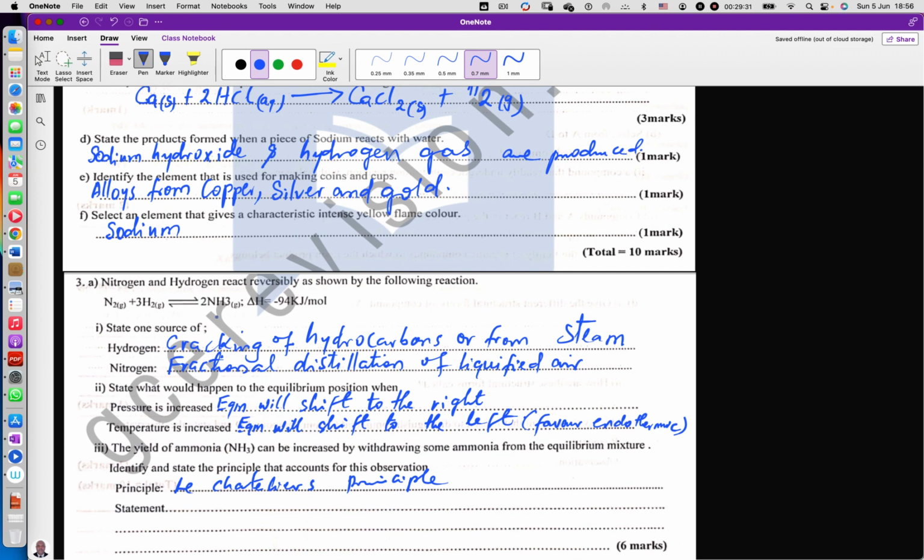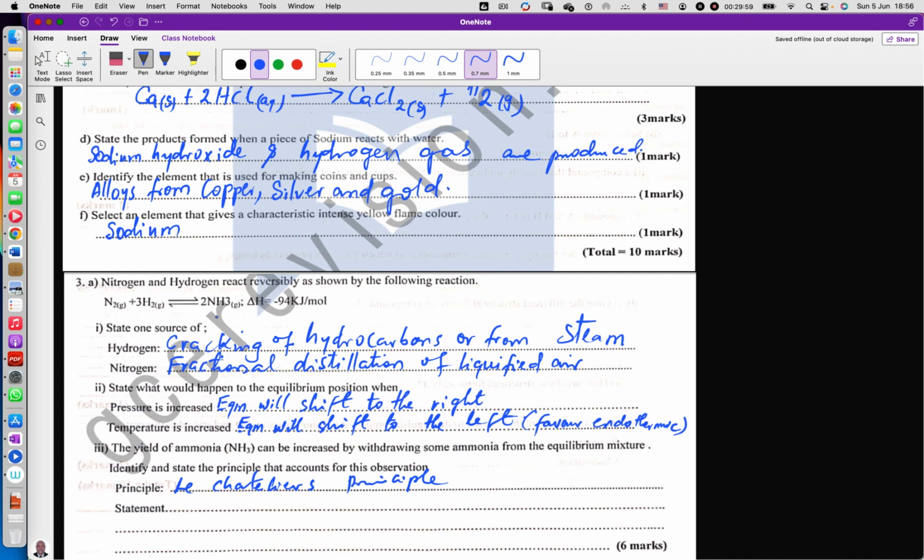Know that we have to apply Le Chatelier's principle. Le Chatelier's principle is very, very important. In this situation, it only comes in to do the opposite. When you increase the pressure, it comes in to decrease the pressure.